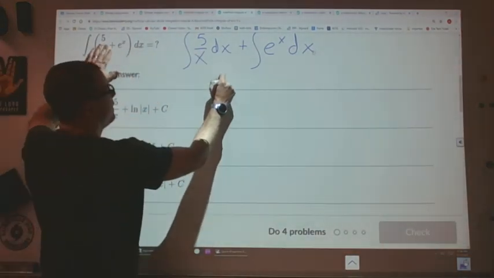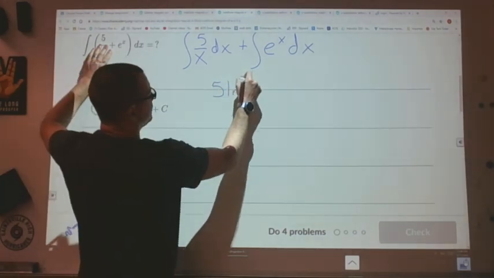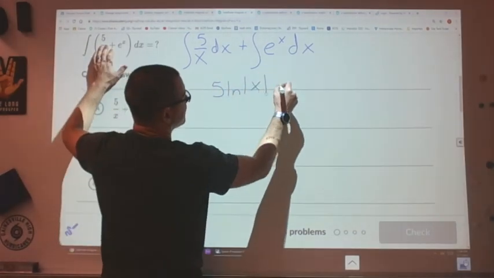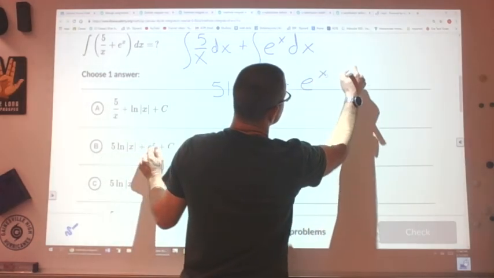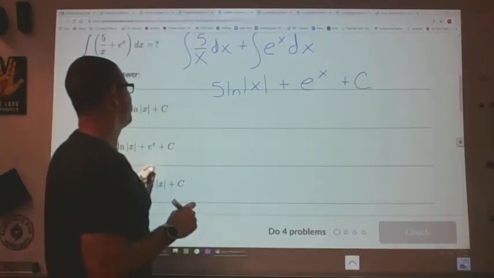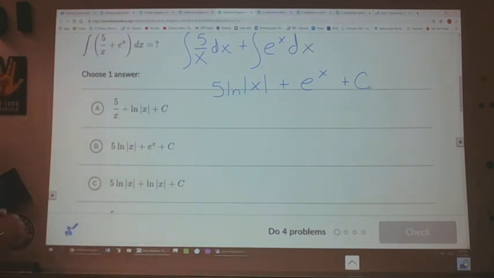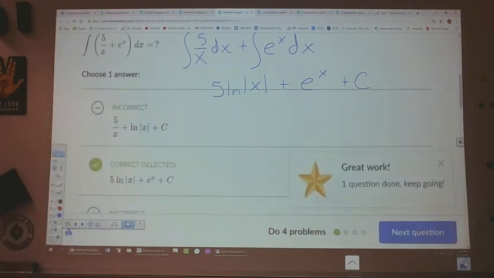So I know that's going to be 5 times the natural log, the absolute value of x. That's just e to the x. And then plus c for good measure, and then we just have to match that up. That is b. And that's really it. That's all you're doing, is using those common integrals.